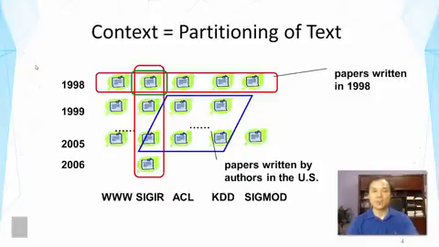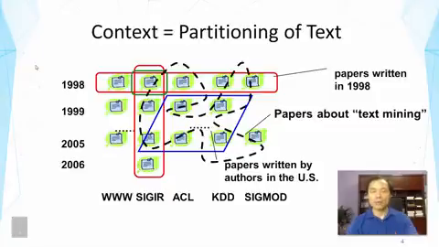And this would allow us to then compare such a subset with another set of papers written by authors in other countries. Or we can obtain a set of papers about text mining, and this can be compared with papers about another topic. And note that these partitionings can be also intersected with each other to generate even more complicated partitionings.